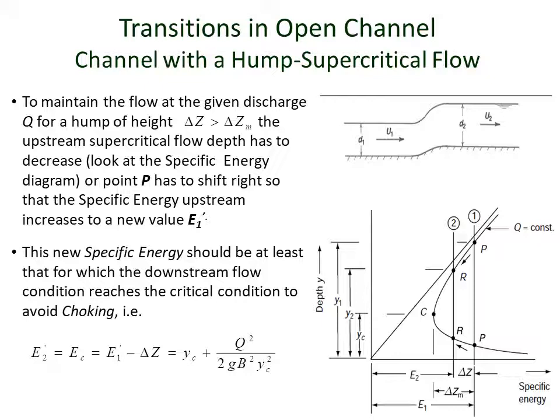So the downstream specific energy, which is given by E2 prime, will be equal to YC plus capital Q square by 2G capital B square into YC square, as shown by the last equation of the slide.